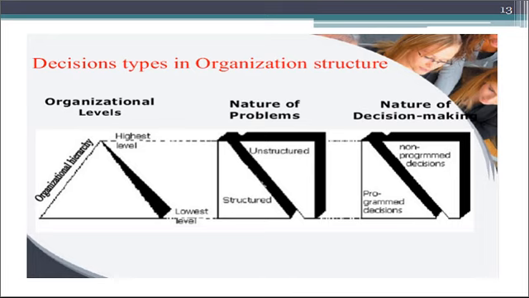Whereas if the problem is unstructured, that means a predefined procedure and well-documented solution are not available, and in that case the decision is taken by the highest level. We should also remember that for such decisions, careful analysis before the decision should be done. The nature of decision making is programmed and non-programmed decisions.